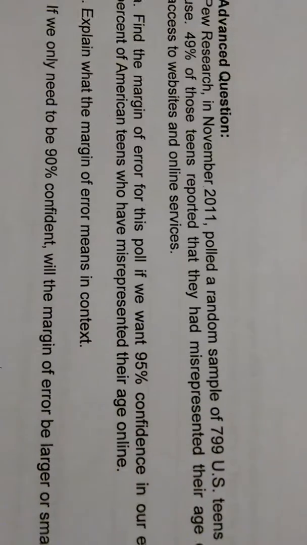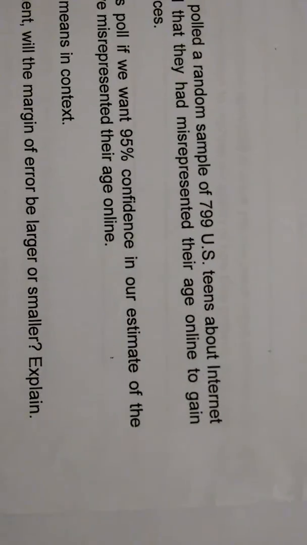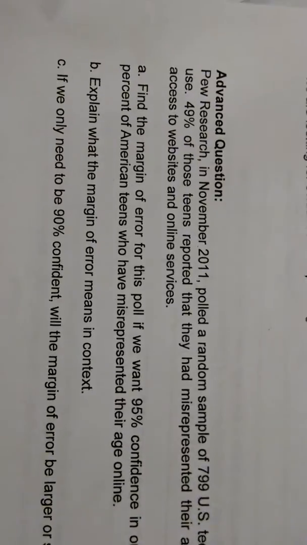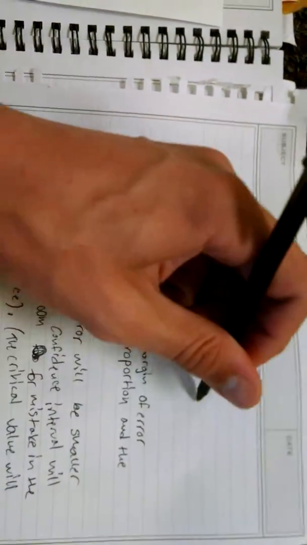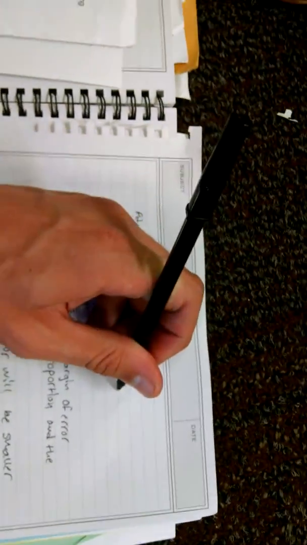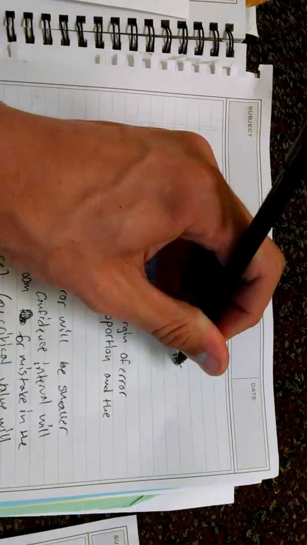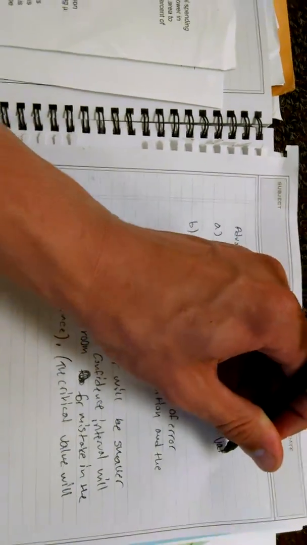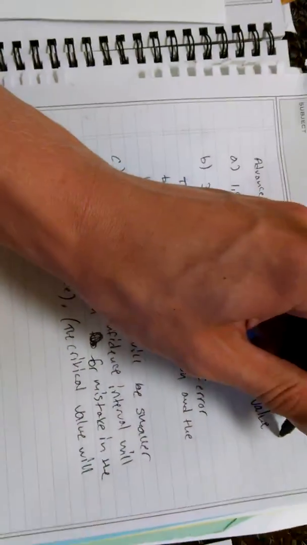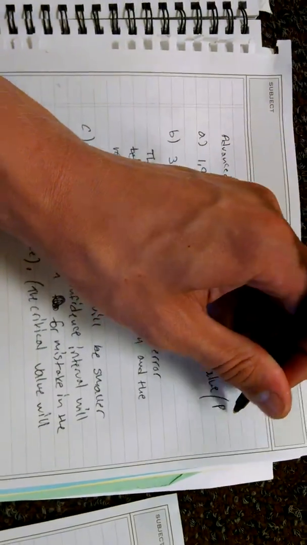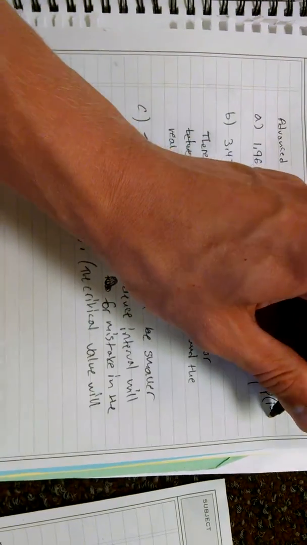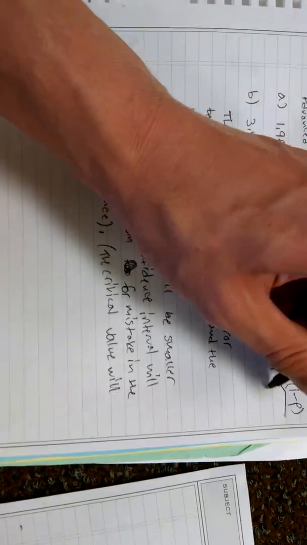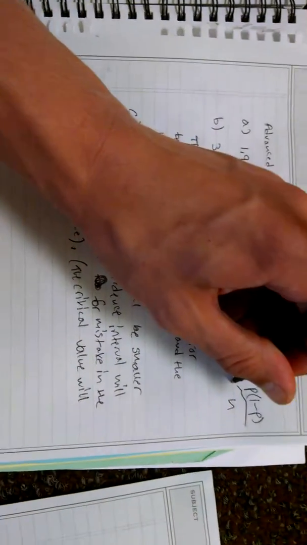So in the first question, we were asked to find the margin of error for this poll if we want 95% confidence in our estimate of the percent of American teens who have misrepresented their age online. And so to find this margin of error, we would use the following equation, which is our critical value times the square root of p times 1 minus p over n.